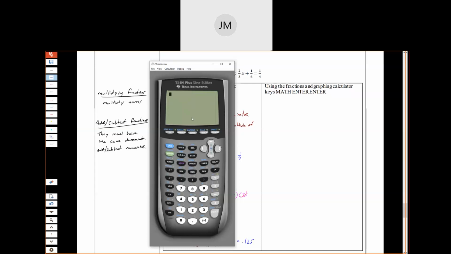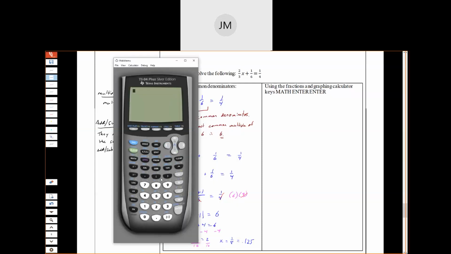Okay, so if I want to get a common denominator, all right, 2 divided by 3, if I hit convert to fraction, it'll make it into the fraction 2/3, right?